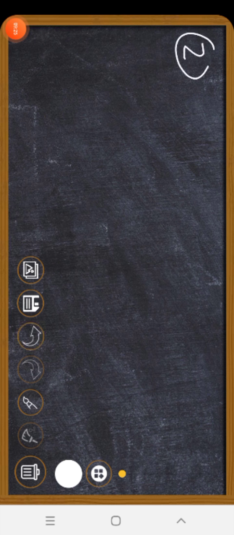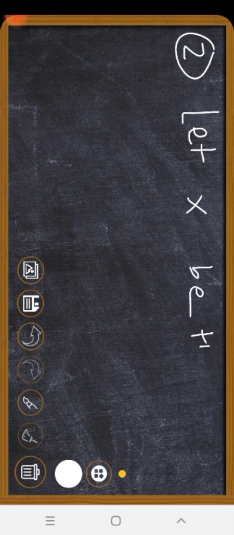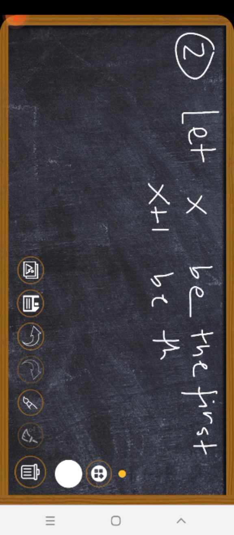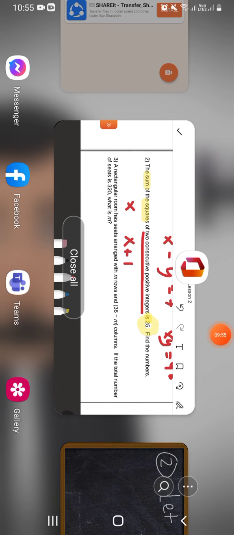Number 2 solution. Again, let x be the first number and x plus 1 be the second number. So the first sentence says that the sum of the squares of two consecutive numbers is 25.